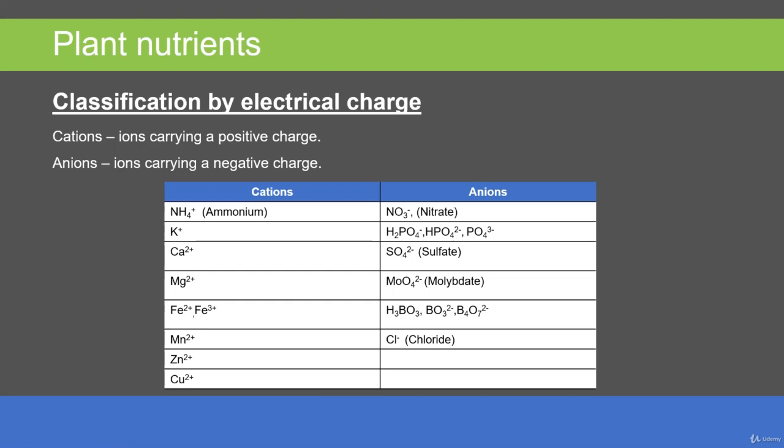And anions, we have the nitrate, which is the major form of nitrogen, the phosphorus forms, sulfates, molybdate, boron forms, and chlorides. It's very interesting to see that nitrogen is unique, as it can be absorbed either as a cation or an anion.